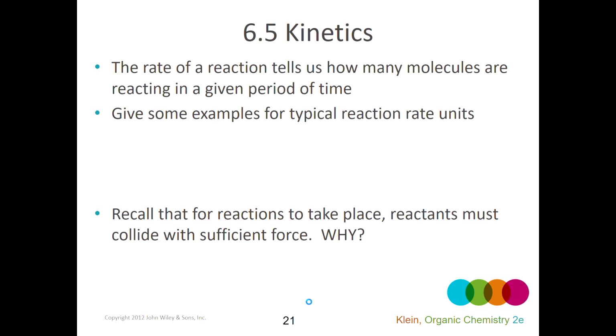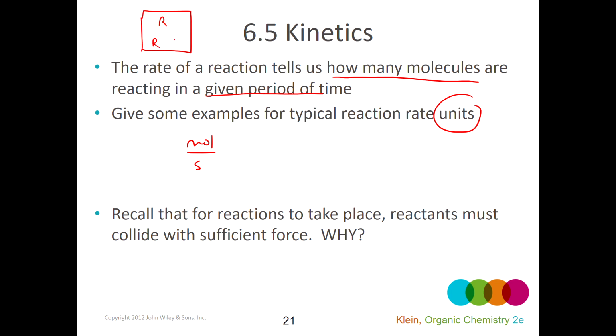So kinetics is all about how many molecules, or how many moles of molecules, are reacting in a given period of time. So the units for rates are usually going to be moles reacting per second. But since it's hard to measure moles, and also the concentration affects the rate, if I have a sample with only a couple of reactants around, I'm only going to have maybe one or two reactions per second, but if I've got it packed full of reactants, they're going to be colliding all over.